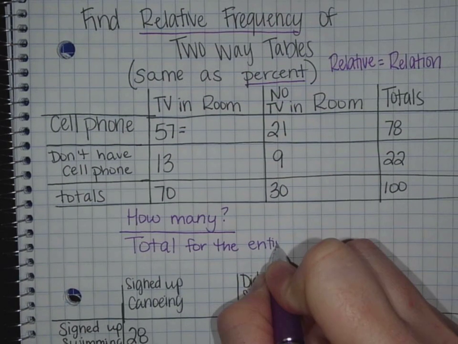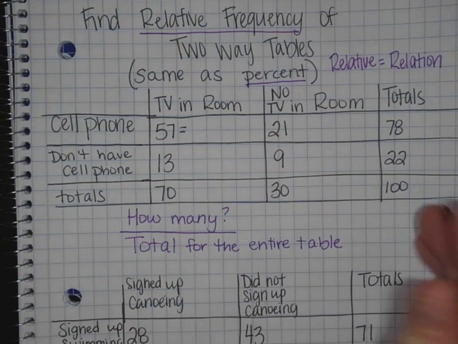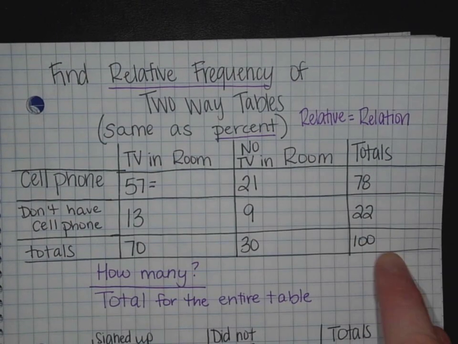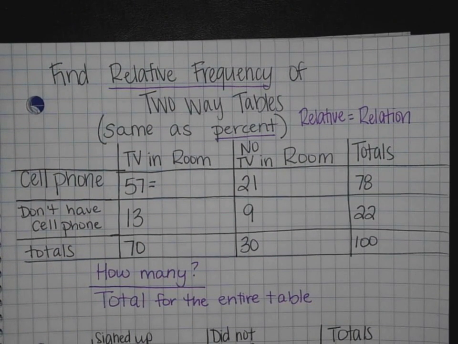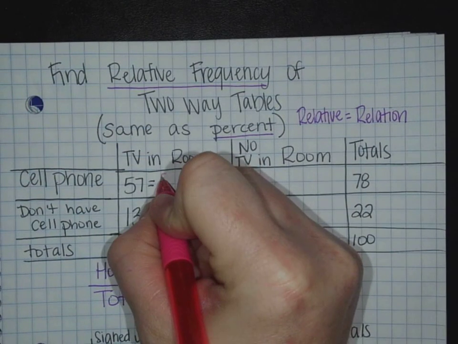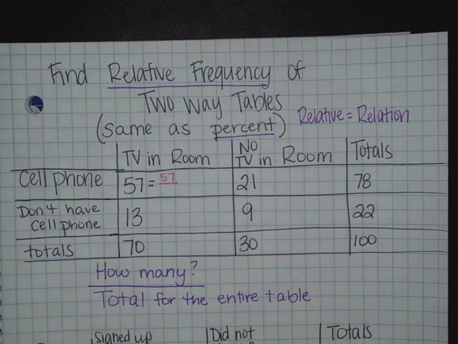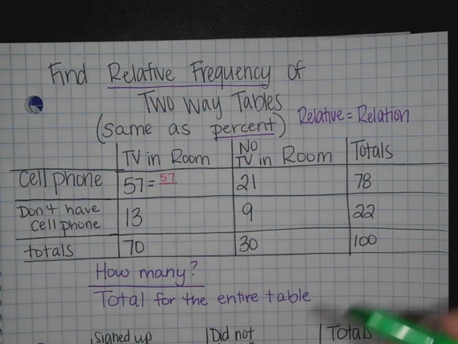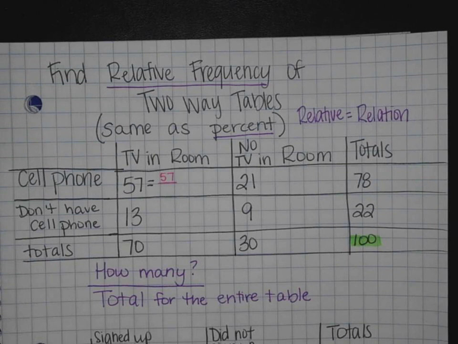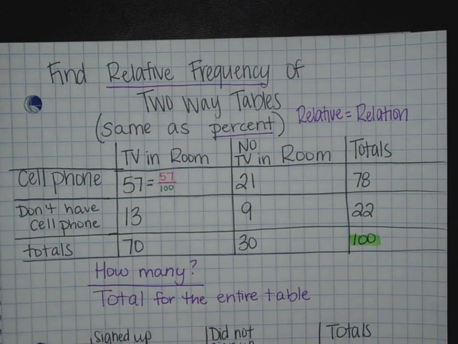I'm going to put the entire table. So if you look, there are 57 out of a total of 100 that have a cell phone and a TV in their room. And I'm going to highlight this so that you can see it every time. So out of a total of 100.